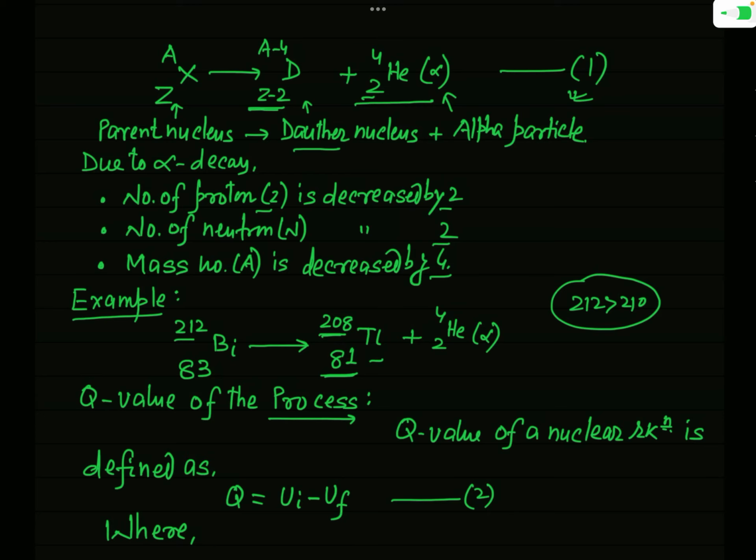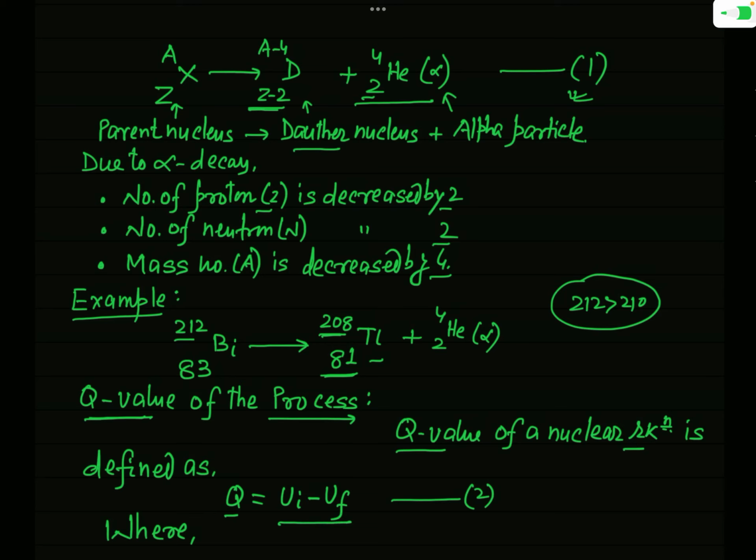Now you know, for any nuclear process or nuclear reaction, we define an energy which is called the Q value of the process. Since alpha decay is also a nuclear reaction, we will calculate what the Q value of this alpha decay process will be. You have studied earlier that the Q value of a nuclear reaction is defined like this: Q equal to Ui minus Uf. And what is this Ui?